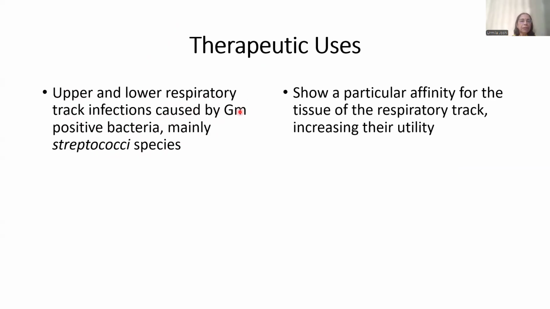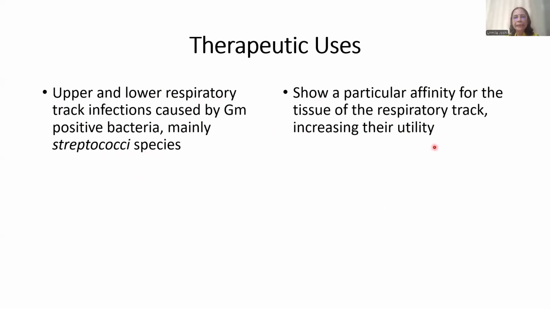The infections caused by gram-positive bacteria, mainly streptococci species, are treated with macrolides. And these drugs show a particular affinity for the tissue of the respiratory tract.